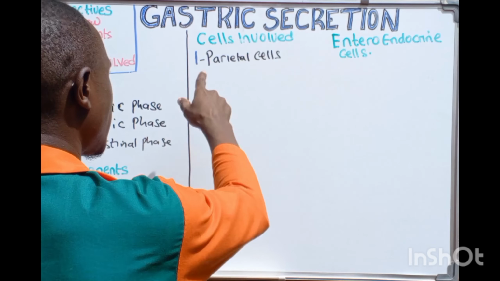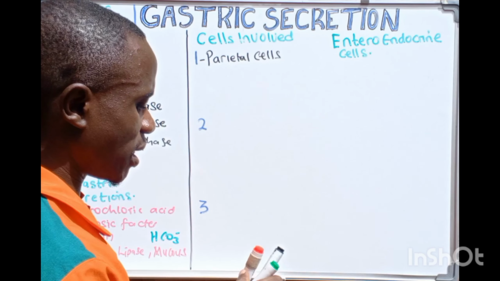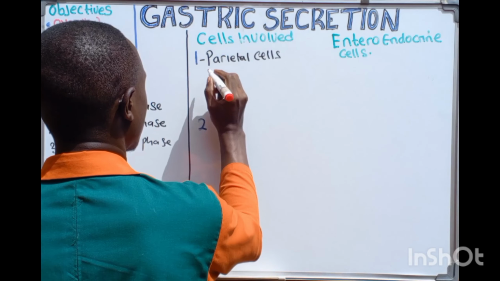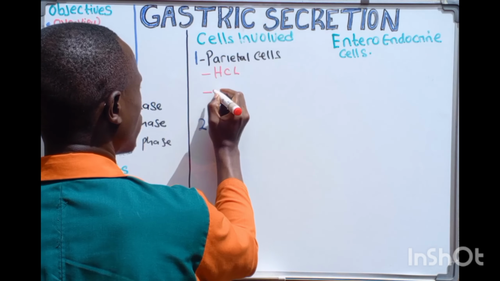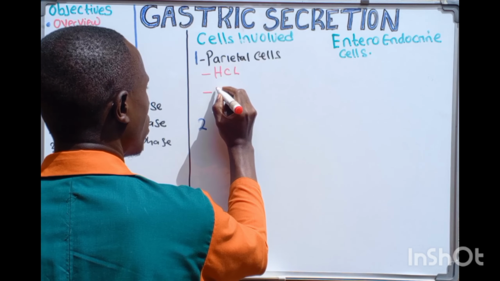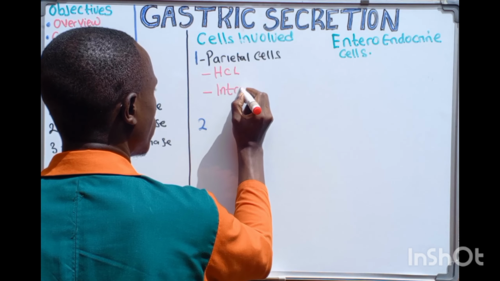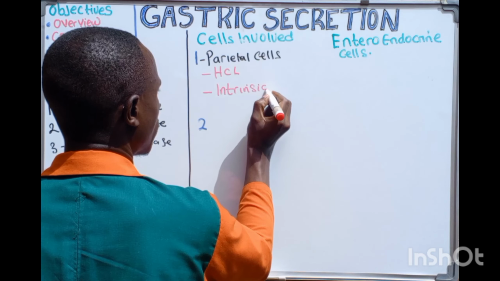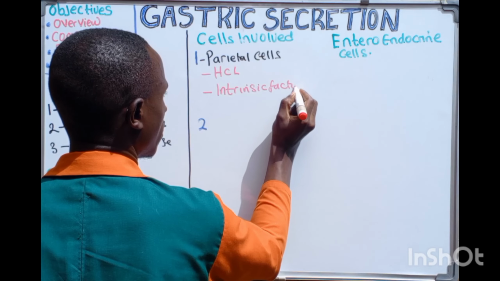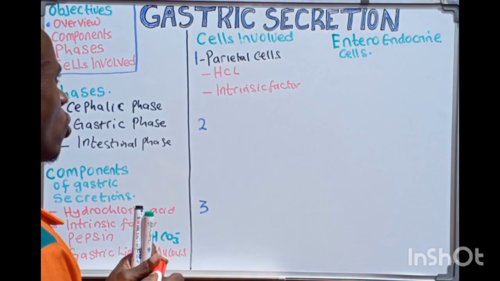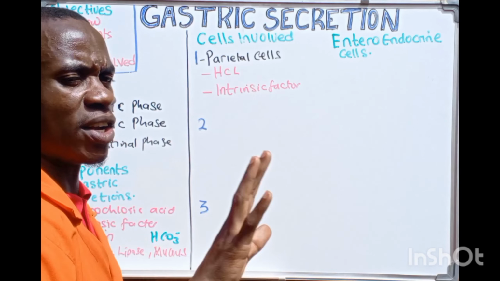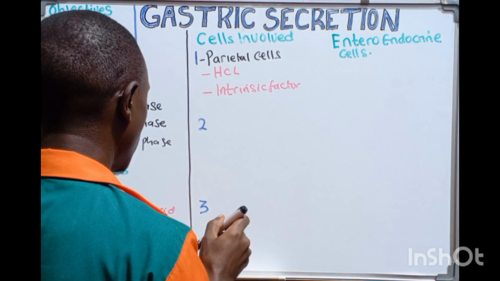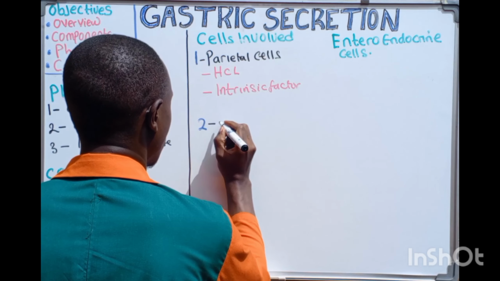This cell is very important in the production of hydrochloric acid, and also the intrinsic factor. So the parietal cells produce hydrochloric acid and also the intrinsic factor.